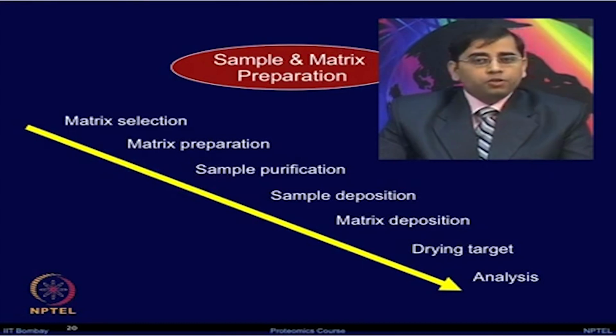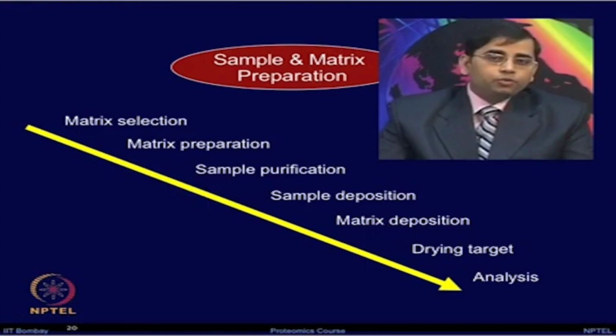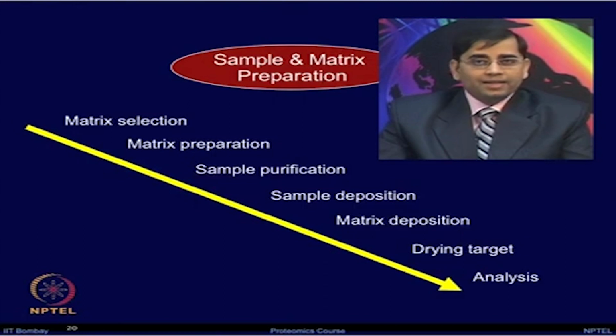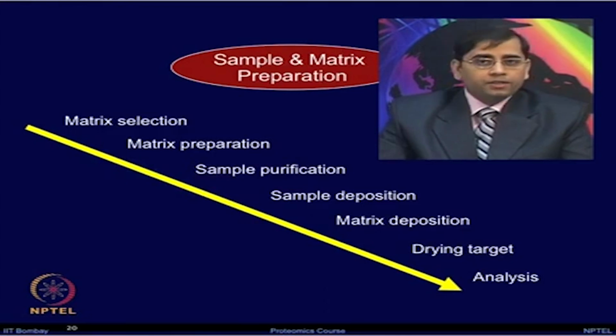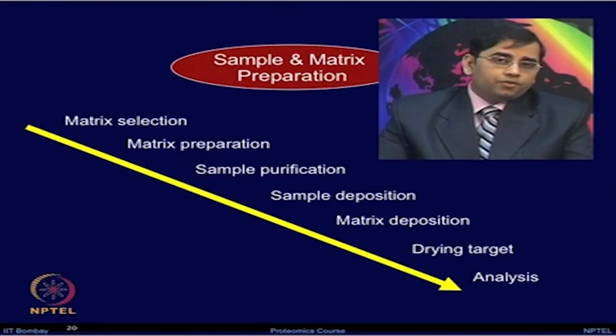Now, the sample needs to be deposited on the MALDI plate. Either you can mix it with the matrix or you can do these two separately. There are various combinations one can try. And then once both sample and matrix are deposited on the MALDI target plate, you are ready to do the drying, and then the plate can be used for the MALDI-TOF instrument for further analysis.